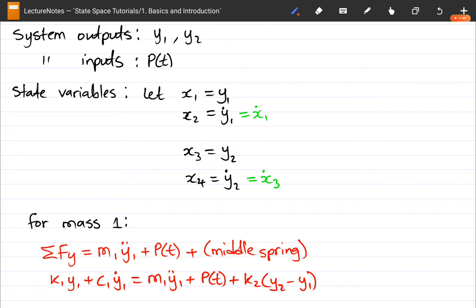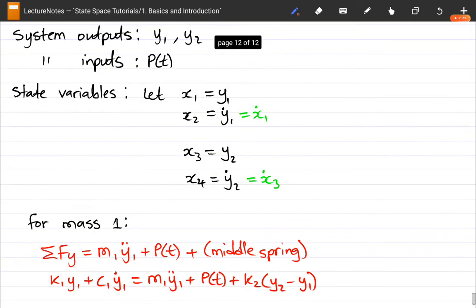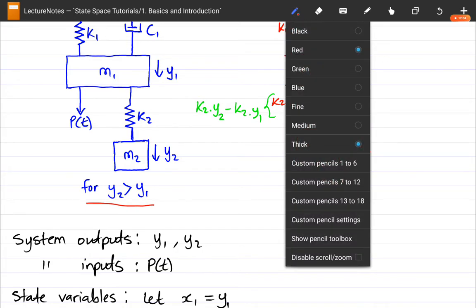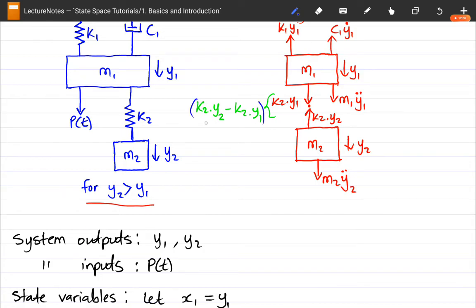Since Y2 is greater than Y1, it looks like that, and that's what we were discussing here. So this interaction force just simplifies to this. Let me just encapsulate it with this.